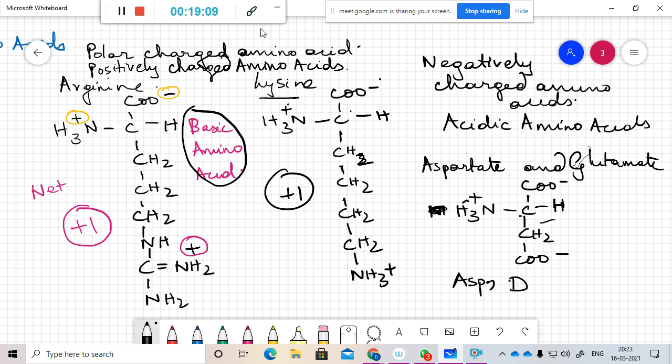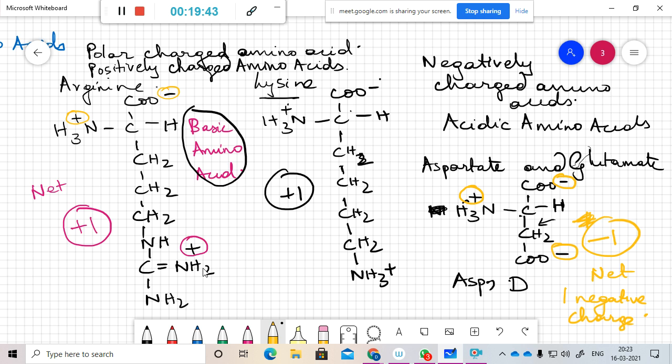Glutamate has just one more CH2 over here. What you find here is that this and this balance each other, but you have a net one negative charge. And they are polar, meaning one side plus, one side minus.